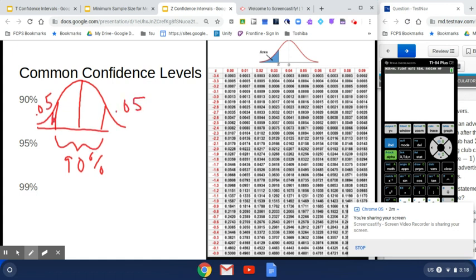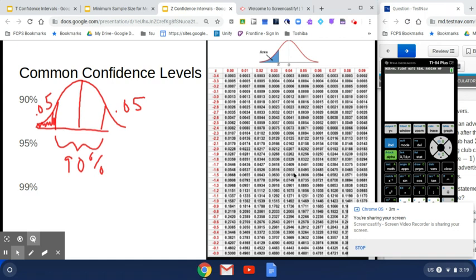I'm going to go ahead and find the value that is associated with 5% in this left tail region. So I have the negative chart here, and we are scanning the middle for the closest number to 0.05. So if I do that, I see 0.0505 right here and 0.0495. Notice that those two are evenly split.